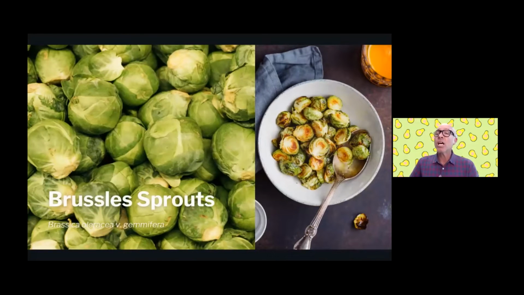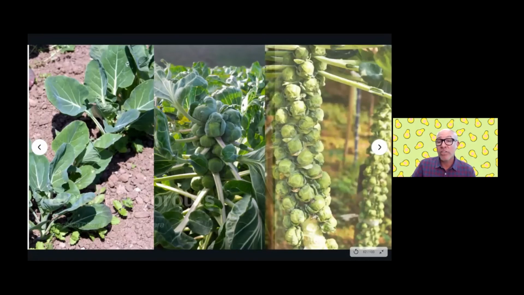Moving on, we're just about to leave Brassica oleracea alone, but let's just look at another cultivar. This one is known as Brussels sprouts. These are leaves that form along the stem at the bud areas where branches or flowering branches are supposed to be forming. A mutation along the stem.